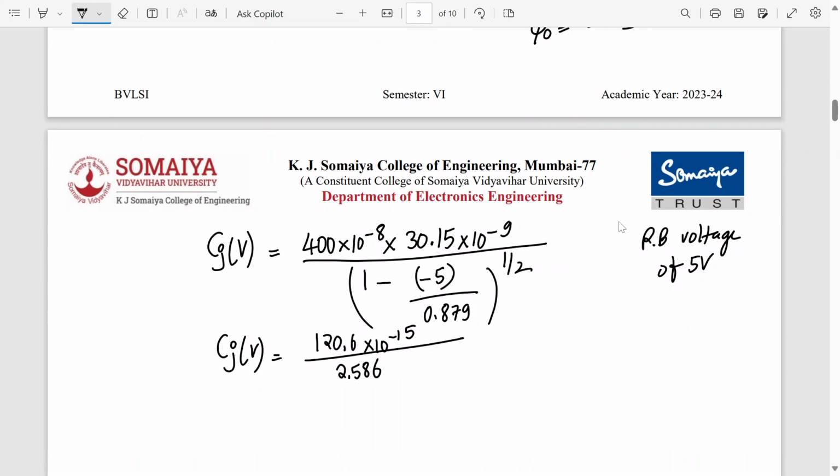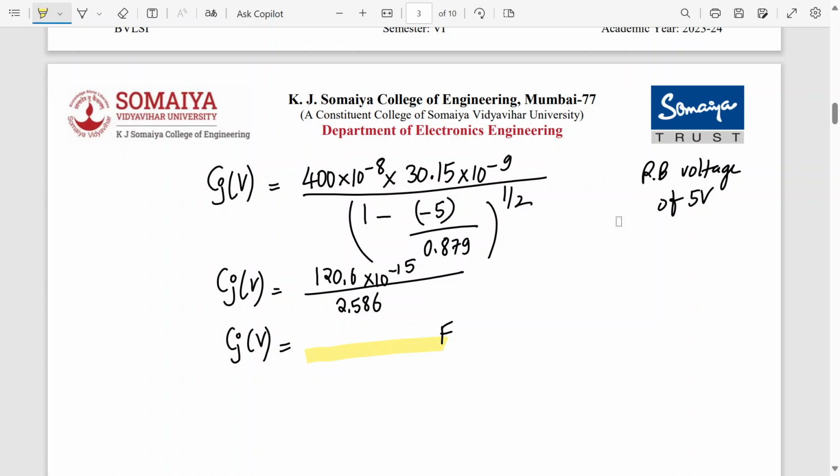So calculate Cj of V, so how much is it coming out to be? How many farad? Tell me the number along with the unit. So this 1 minus minus becomes plus, raised to half.